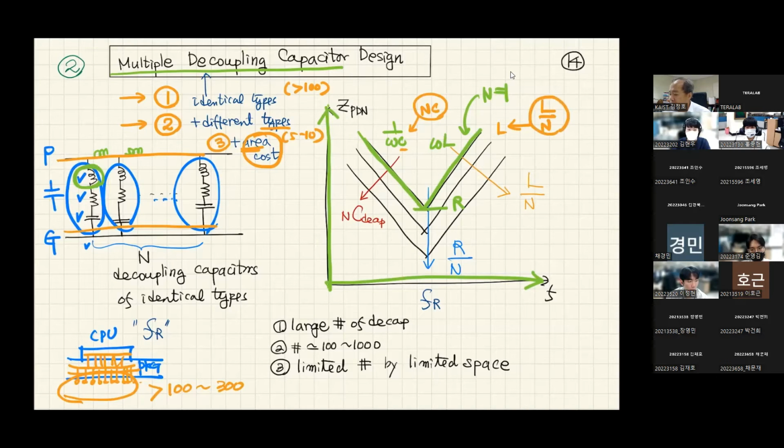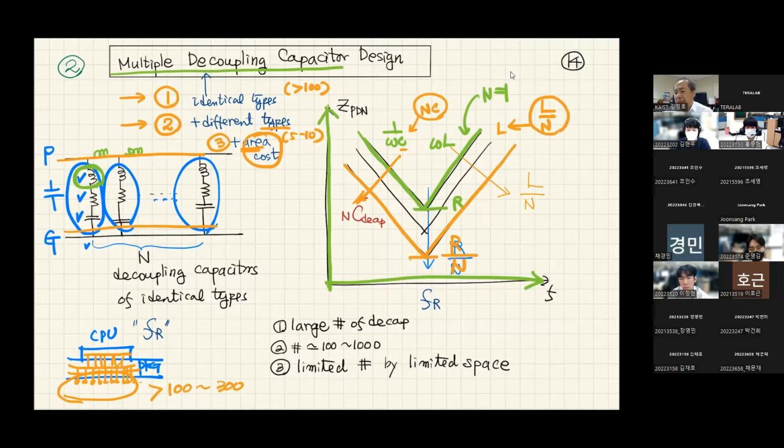Impedance at low frequency range is 1 over omega C, so impedance will be decreased. Of course, R is also divided by N, and L is divided by N.